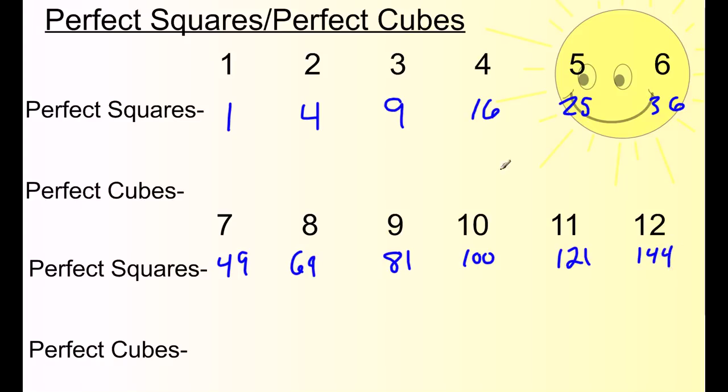All right. Perfect cubes is when you take the original number and you multiply it by itself 3 times.